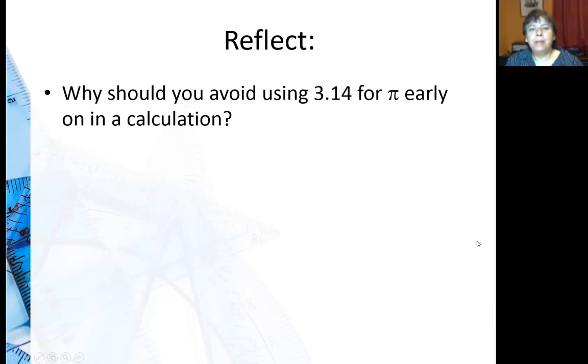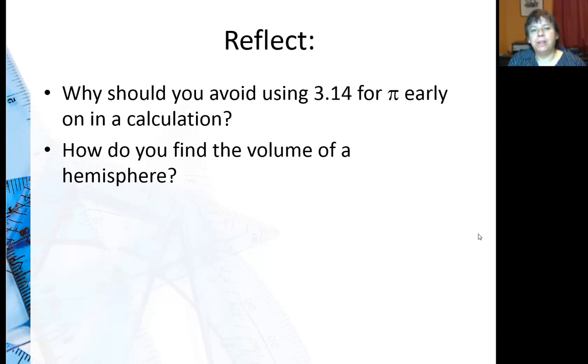So for further reflection, why should you avoid using 3.14 for pi early in a calculation? The earlier you round, the farther apart your answers are going to be from mine. So it's best to save that pi button until the very end when you're putting it in your calculator. How do you find the volume of a hemisphere?